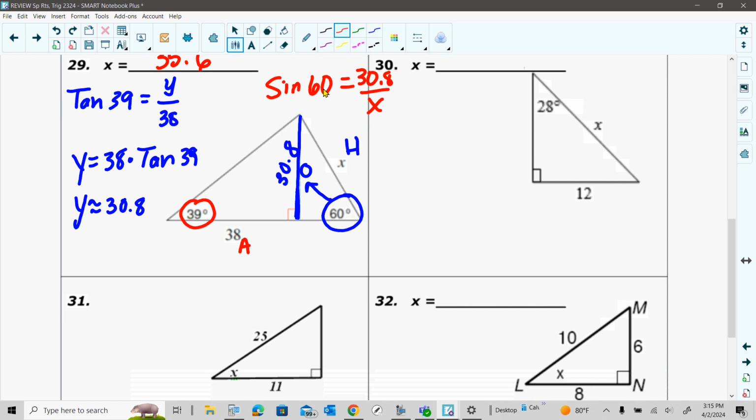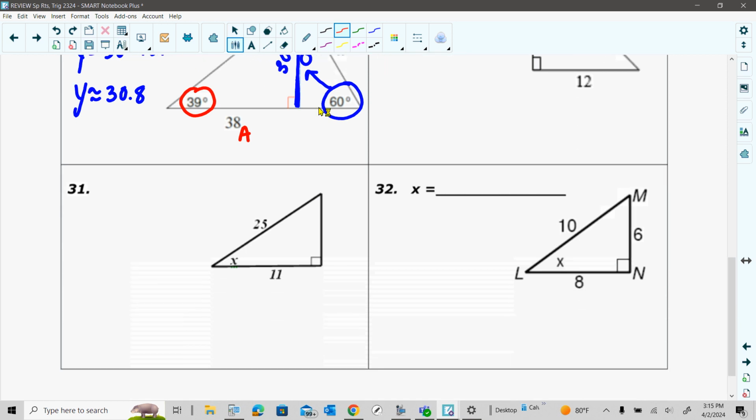So when I was talking about if x is the angle and you need the inverse, it's kind of like for 31 and 32 here. On 32, since I have all three sides, I can decide which two I want to use. Let's say I want to use just the opposite and the hypotenuse, O and the H. That's sine. So sine of x equals 6 over 10. And x is what we're trying to find.